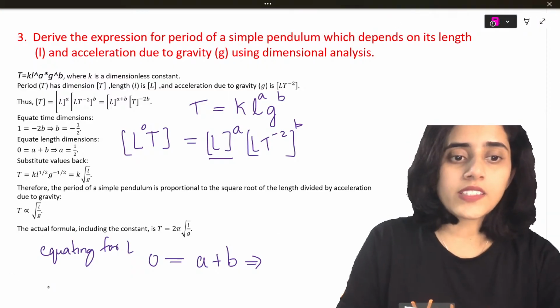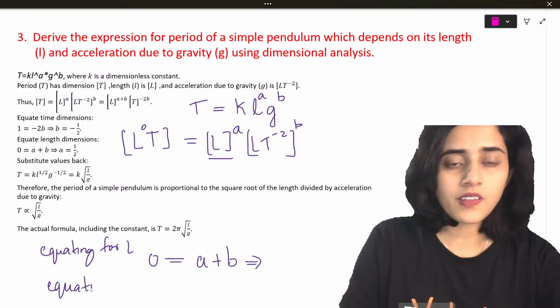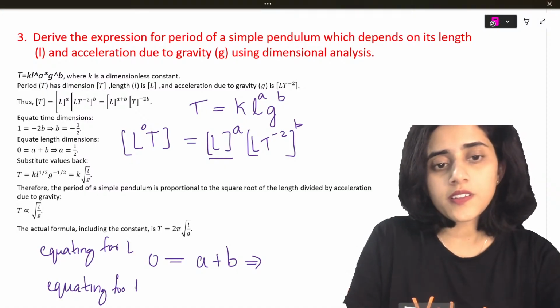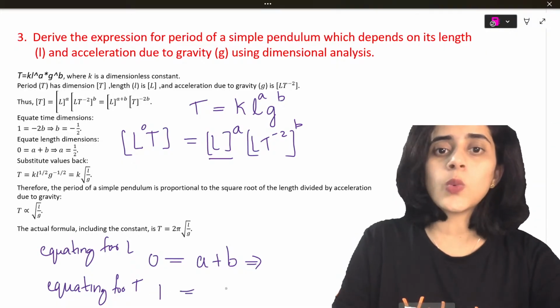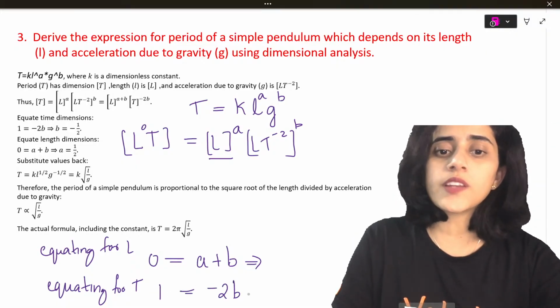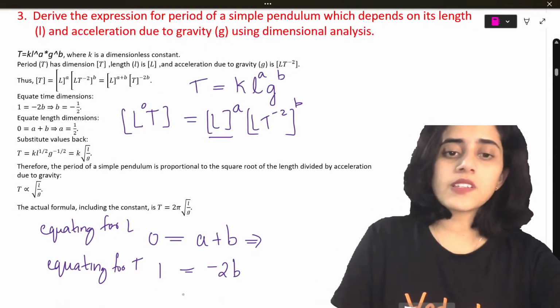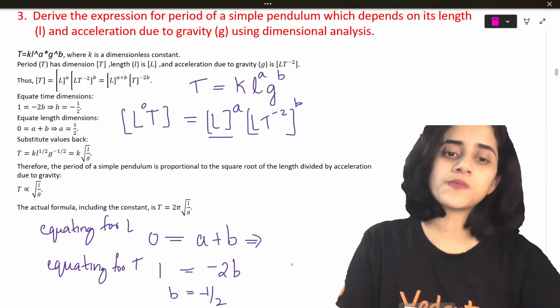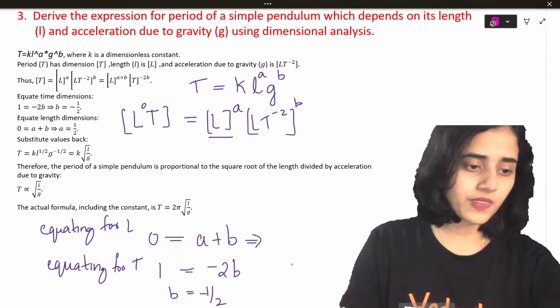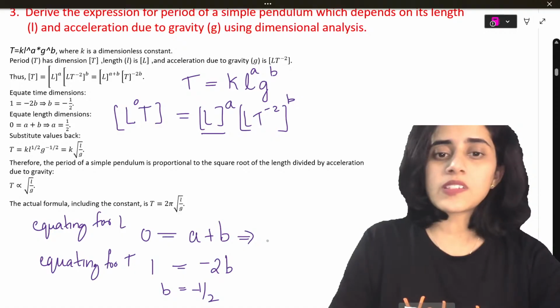Next, equating for T. What is the power of T on the left side? It's 1 equals minus 2 into B. So from this, I can write B equals minus 1 by 2. Now I will substitute that here.